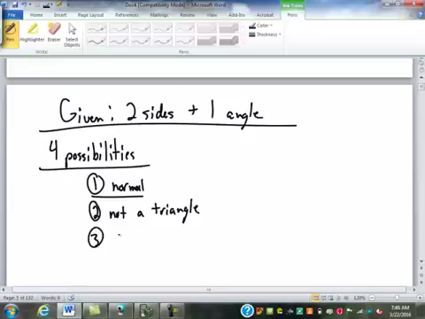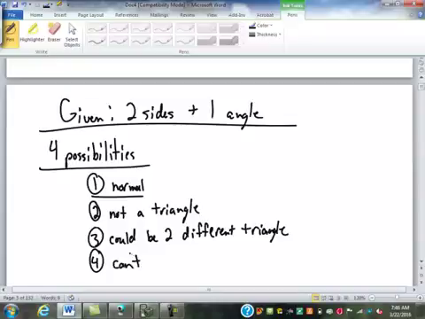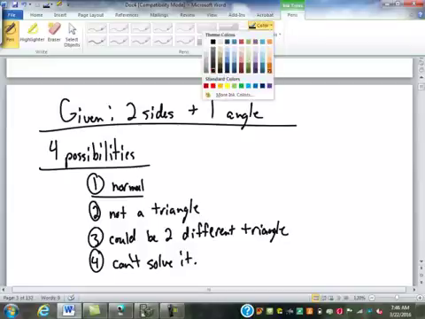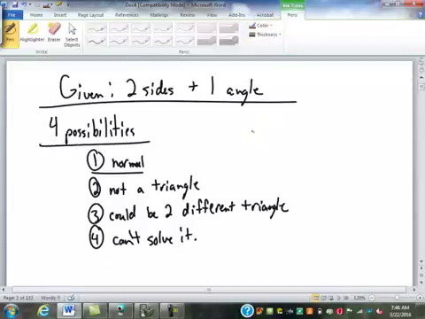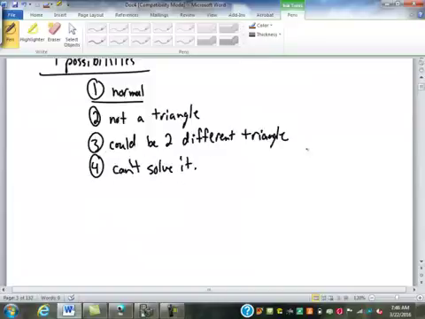Possibility three, could be two different triangles. Possibility four, can't solve it. So we're going to look at possibility one first. It's normal.